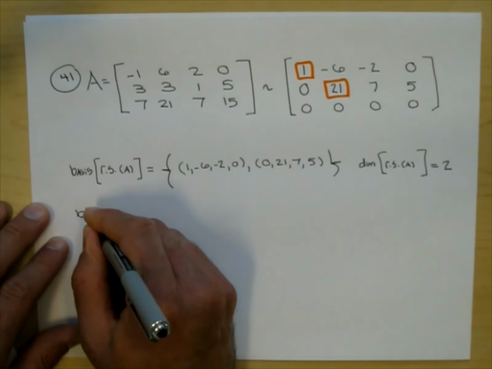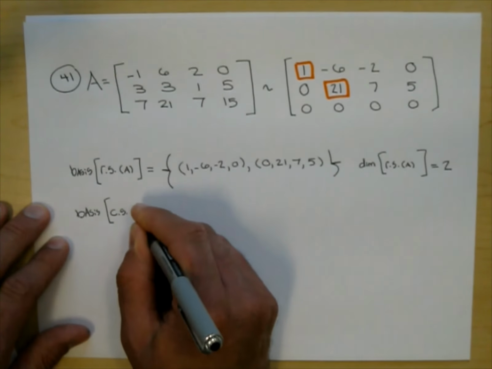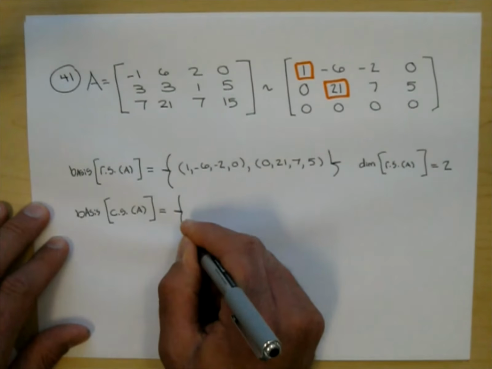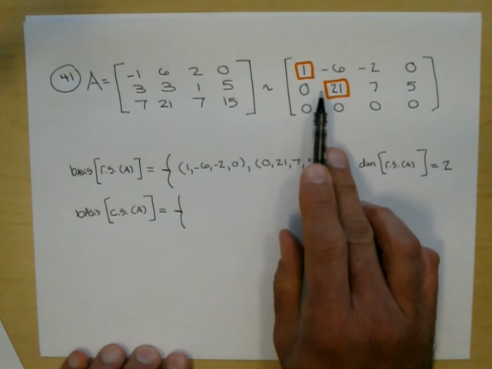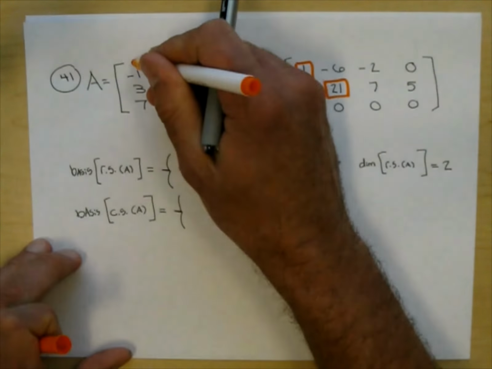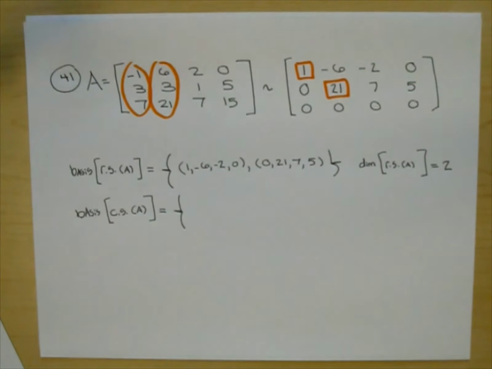Let's look at the basis for the column space of A. So you kind of start off the same way. You reduce your matrix, and then you look at the pivots, but you go back to the original matrix, and you grab on to those columns.